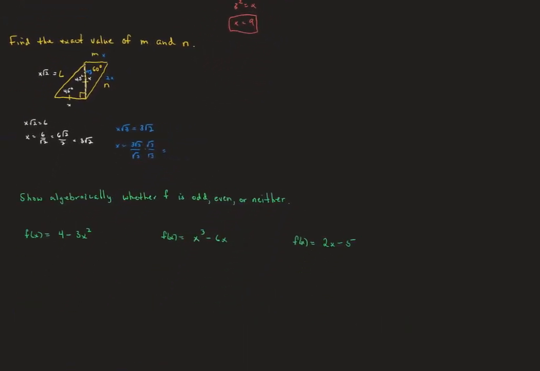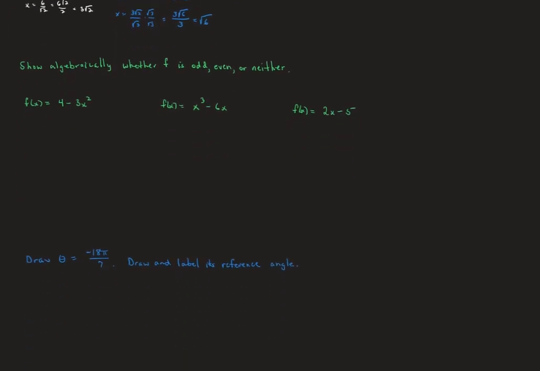It's my left-handedness coming to play on my iPad here. So in the numerator, we're going to get 3 square root of 6 over 3 in the denominator, which will simplify to be square root of 6. So that's saying that x is square root of 6. x is our m, so that tells us that m is the square root of 6, and our n is 2x, which makes it 2 square root of 6. So there's our m and n.